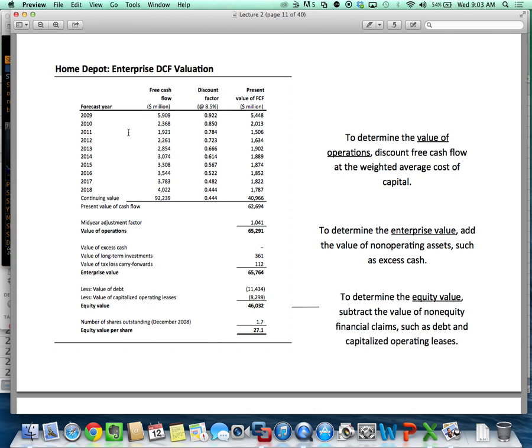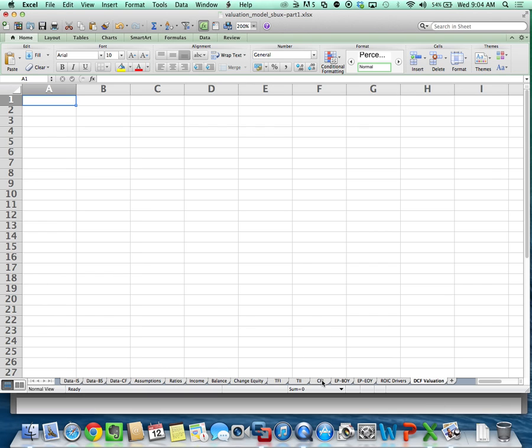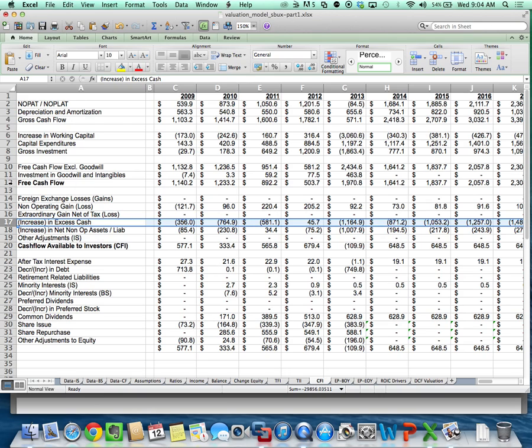So when McKinsey did the Home Depot valuation, they had forecasted the operating value, the free cash flows of Home Depot. So we need a forecast for free cash flow going into the future. Well, coincidentally, we have one of those. On our CFI, we have forecasted free cash flow into the future.